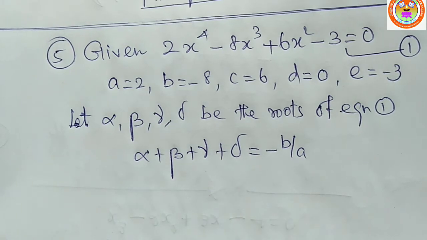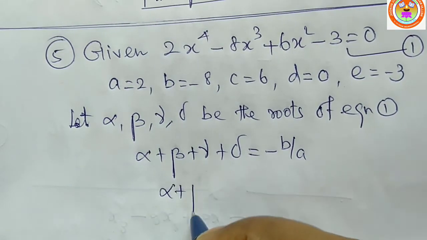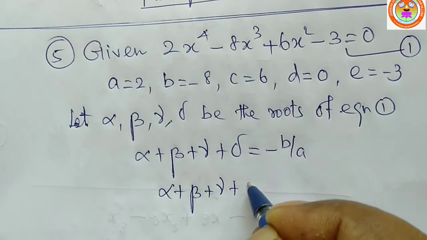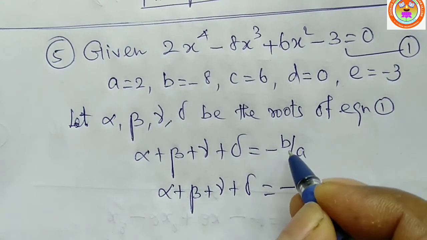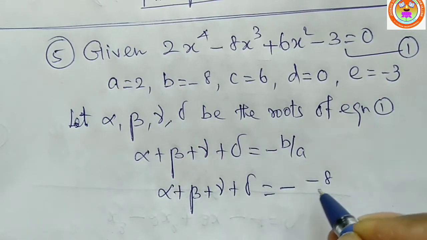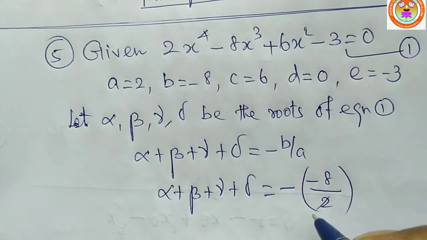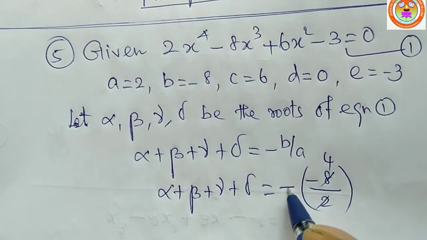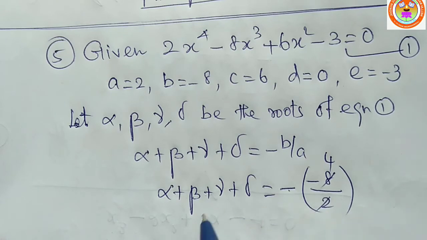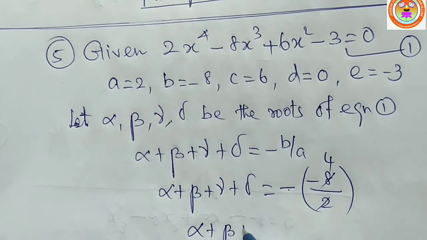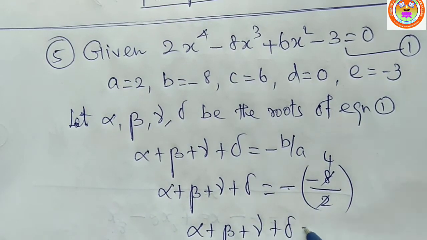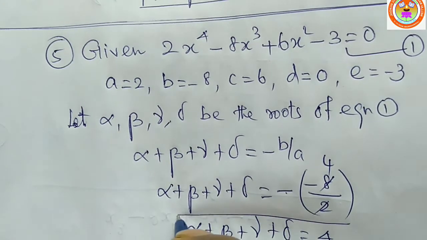So, alpha plus beta plus gamma plus delta is equal to minus b value, that is minus 8 by a is 2. When we cancel, getting 4. Minus of minus plus. So, alpha plus beta plus gamma plus delta is equal to 4.